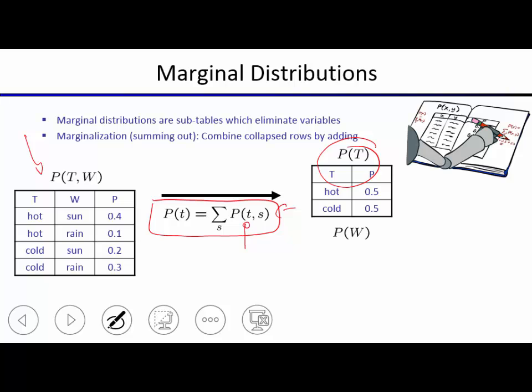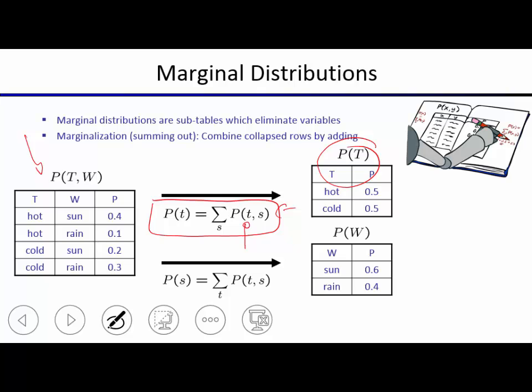Okay, we can do the same thing for weather. If we want the marginal distribution for weather, this is a table that will have two entries, one for sunny, one for rainy. We know how to do that. We can compute the probabilities of both of these events, but again, the notation here is something you need to become very familiar with.